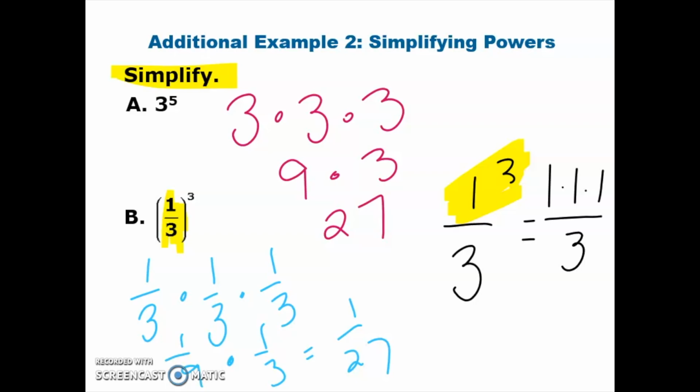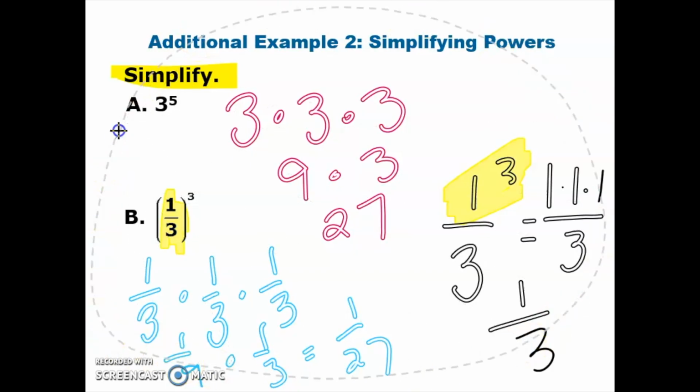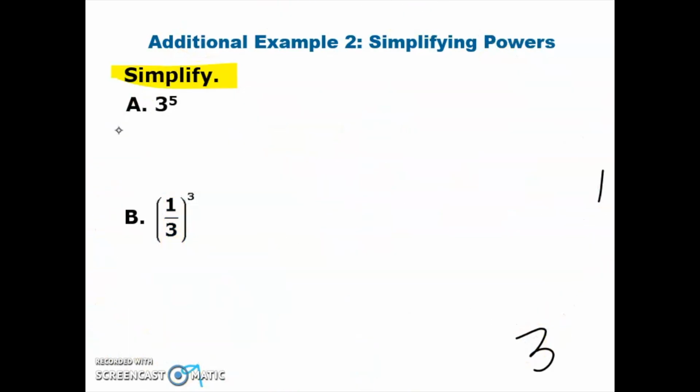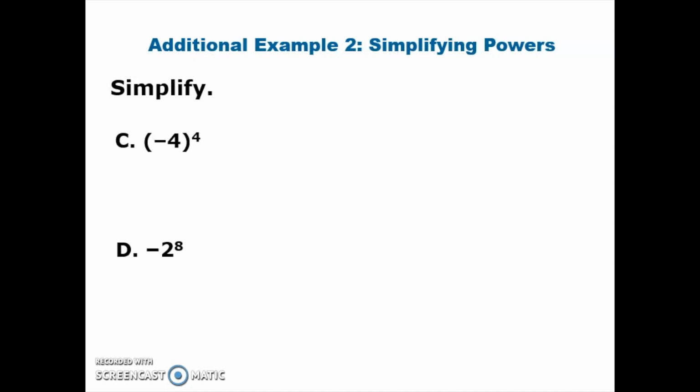That would be 1/3. So we want to be really, really clear that we're using our parentheses appropriately. So if it has parentheses, that means everything inside of those parentheses is being repeated. If it does not have parentheses, only what the exponent is touching is being repeated. So this is important.